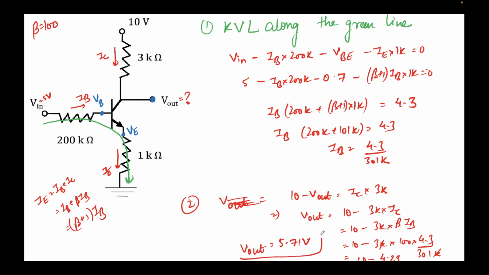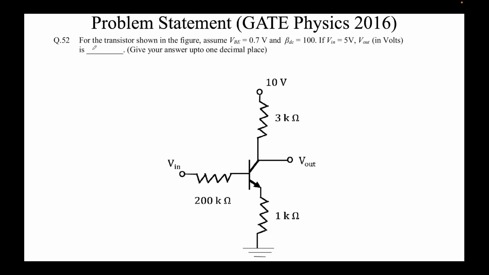So we have calculated Vout as 5.71 volts. This is the Vout, and this is what we were required to find. So we can simply write Vout as 5.71 volts.